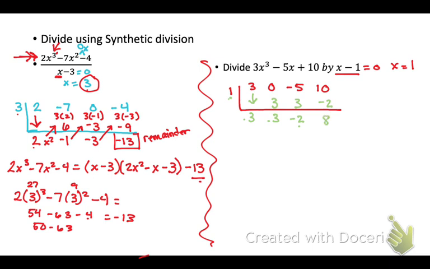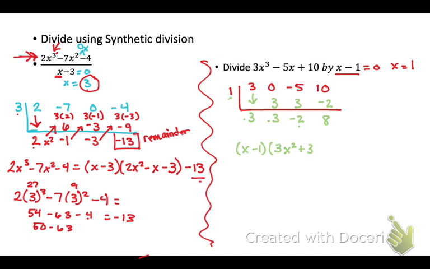So my answer would be x minus 1 times 3x to the what? Second.